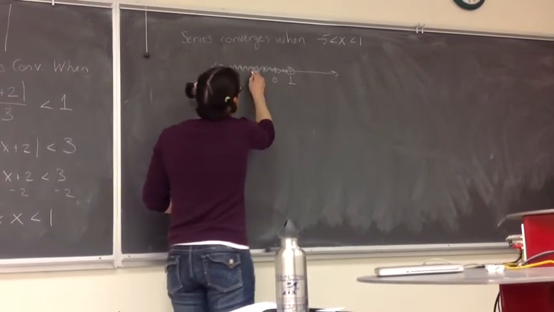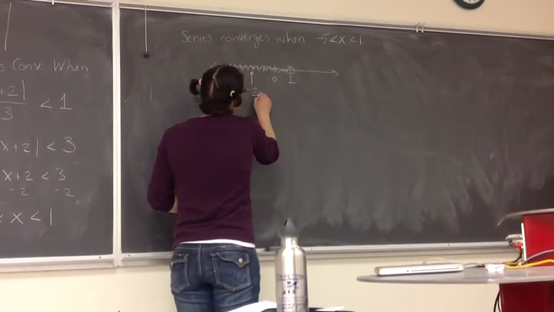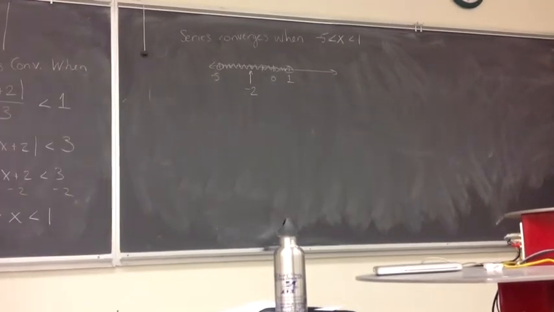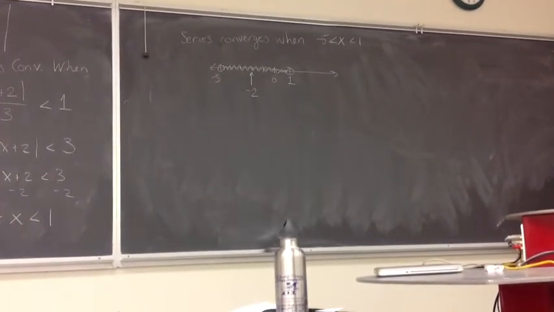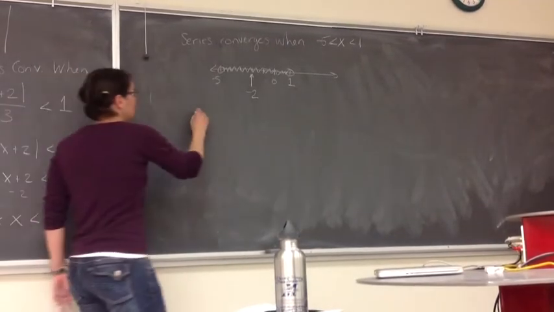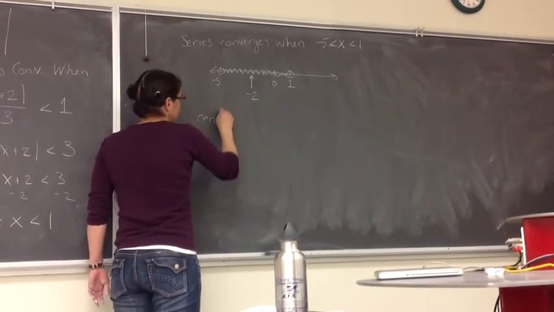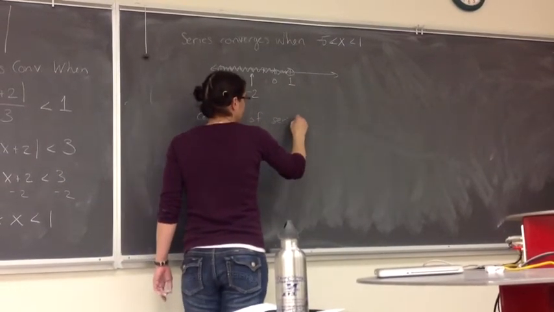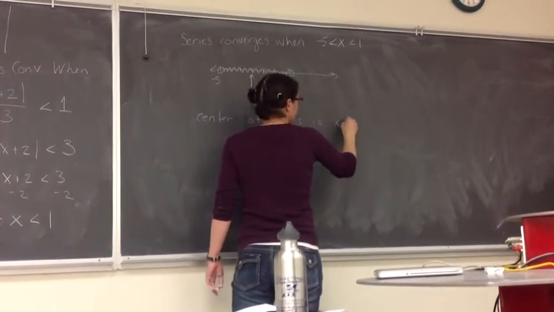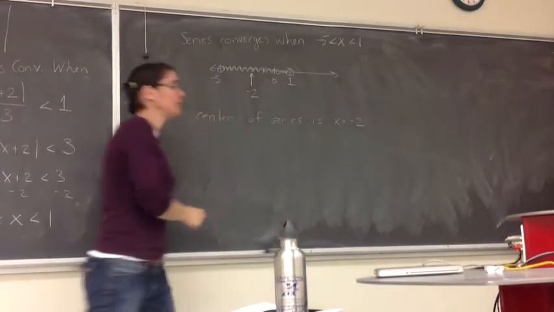Negative 2. So negative 2 is showing up right here in the middle. And remember, way back in the beginning of this problem, we said that our power series was a series that was centered at x equals negative 2. And so we can write this as center of our series is x equals negative 2.